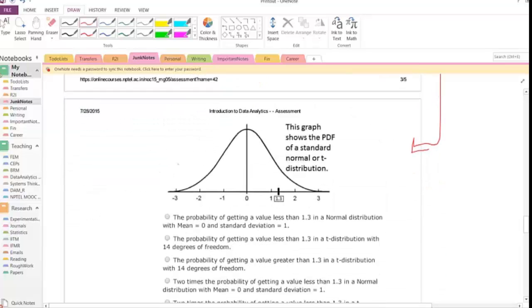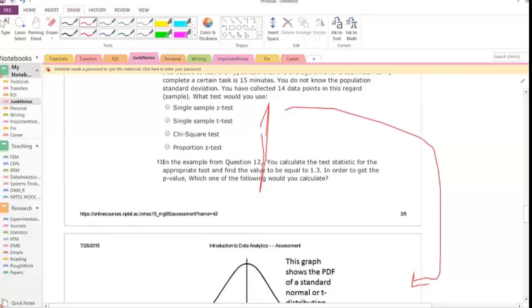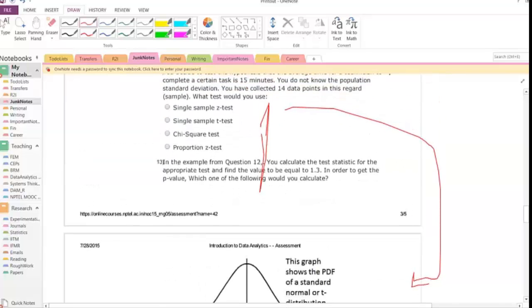And always remember that with a z-distribution, you don't have anything to do with degrees of freedom. With a t-distribution, you have to mention the degrees of freedom. And the degrees of freedom is always n minus 1, where n is the number of data points.